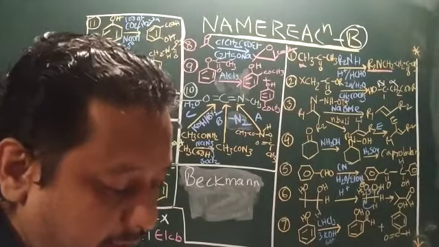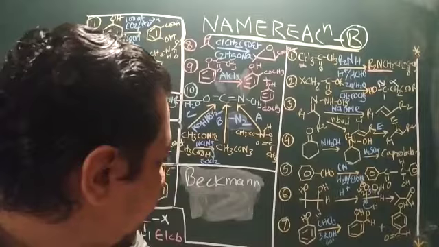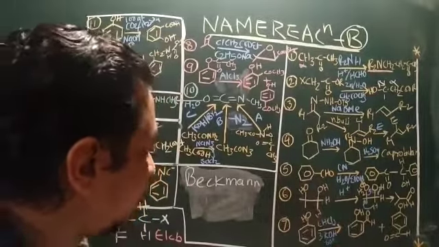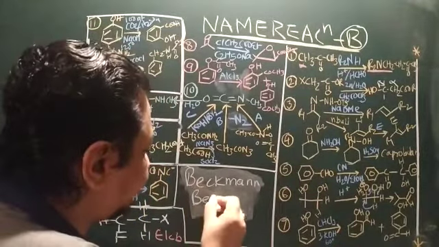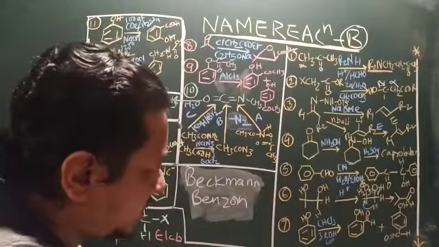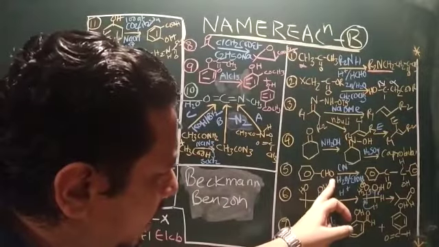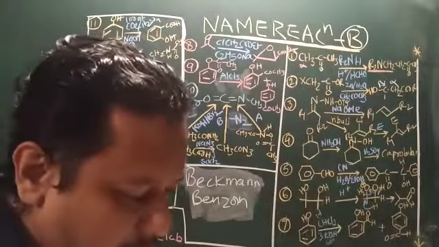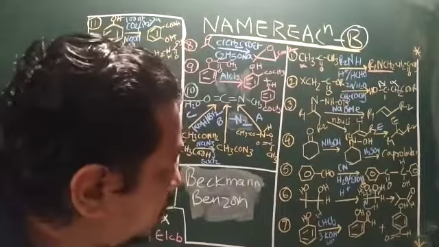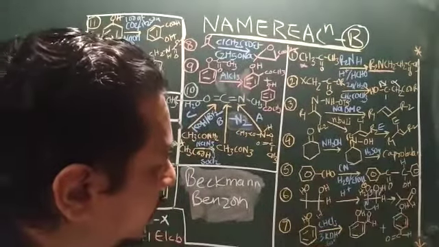Okay, then the next name reaction, which is very important, is known as benzoin condensation, where the aldehyde is converted into the structure known as benzoin. This is known as benzoin.